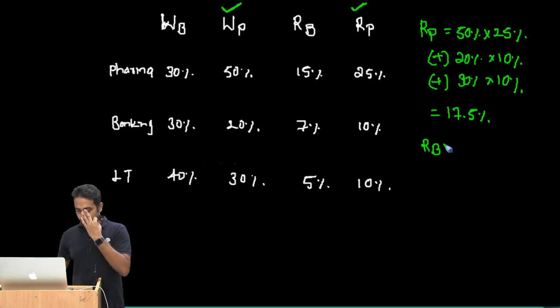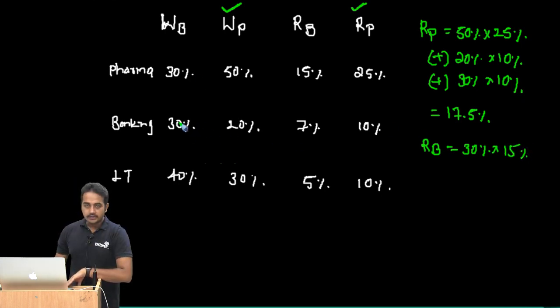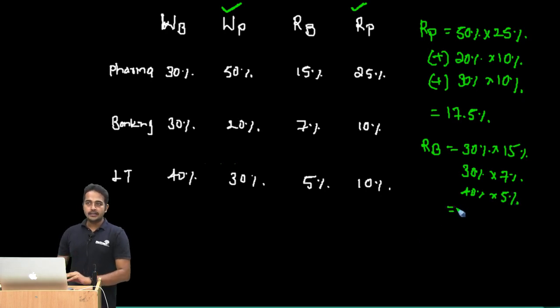Return on the benchmark is going to be a function of these two variables. So we will say 30% into 15%, and then 30% into 7%, and 40% into 5%. So your return on the benchmark will be 8.6.